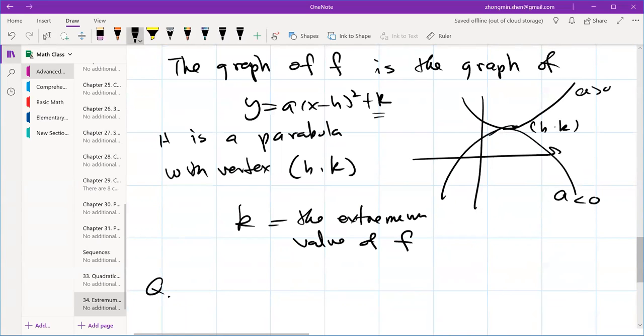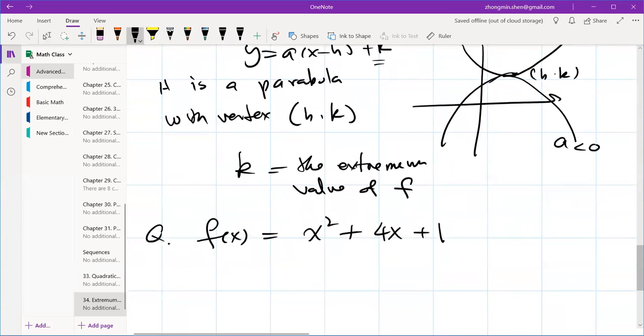Okay, I'm going to go back to the problem again. Given the function x squared plus 4x plus 1, let's do this. Find the extreme value. Okay, how do you do that?